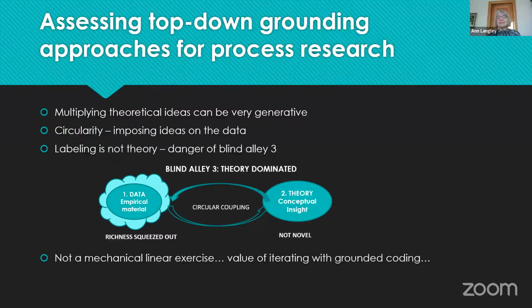Again, this is not a mechanical linear exercise, and there's a lot of value in iterating with the grounded, bottom-up coding as well. And that raises the question, how do you do this? Because you're doing bottom-up, you might be doing some top-down coding as well. I have another example here, which is really interesting.